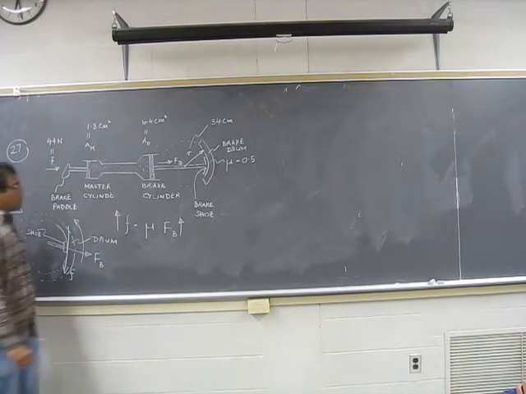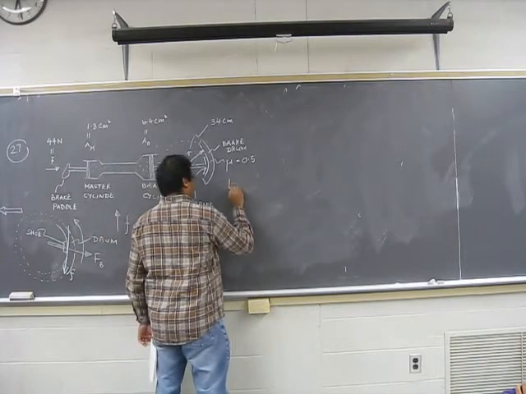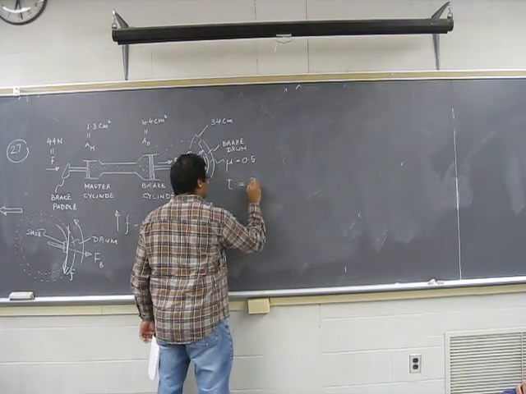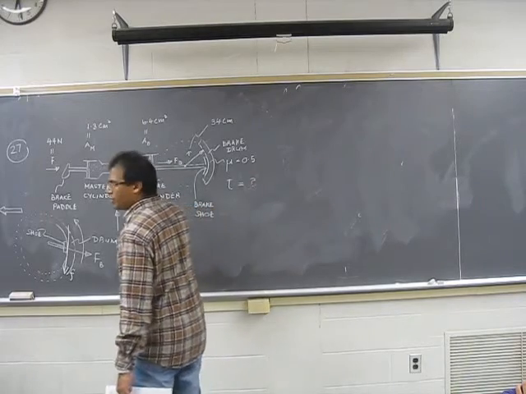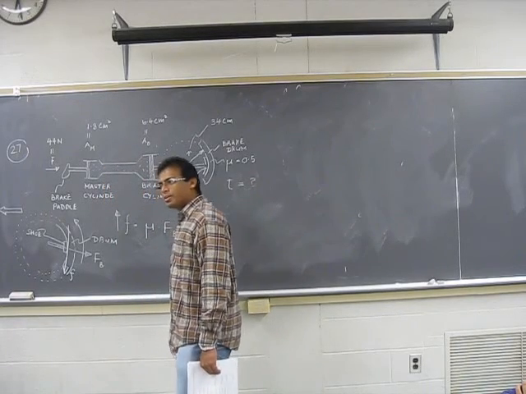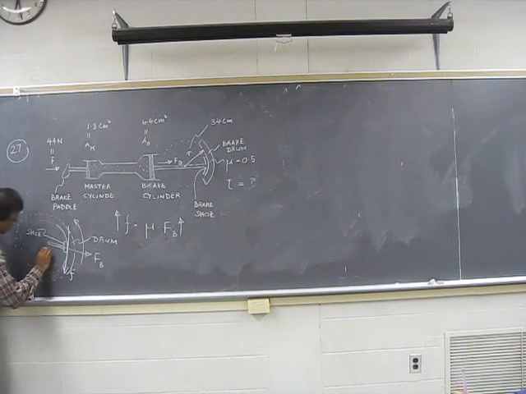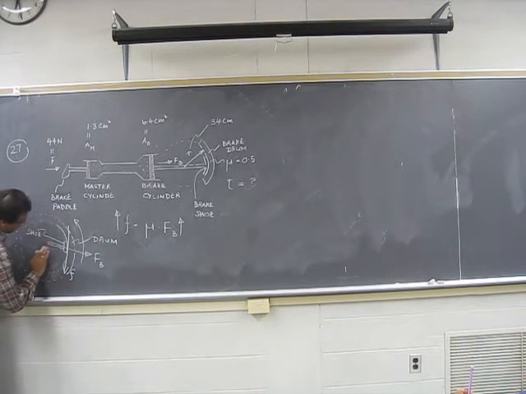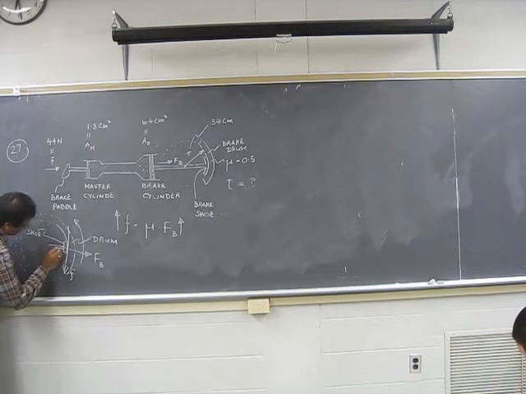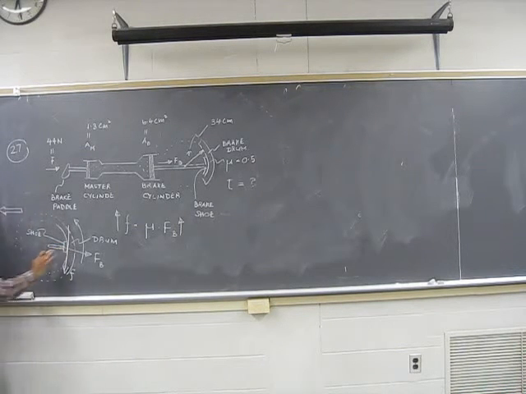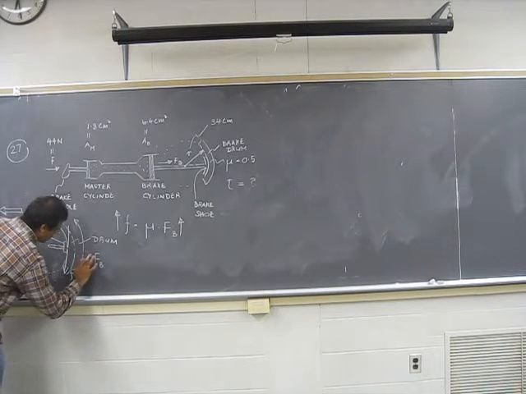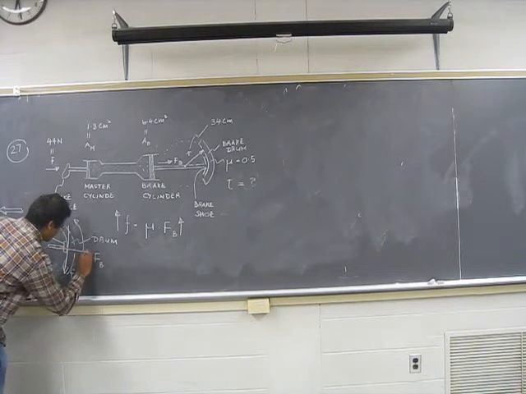So now the question is, what is the torque from the frictional force? Now, to find the torque, I should draw this towards the center. Let's try to draw this towards the center and it will be better. So my force, I'm going to draw like this.